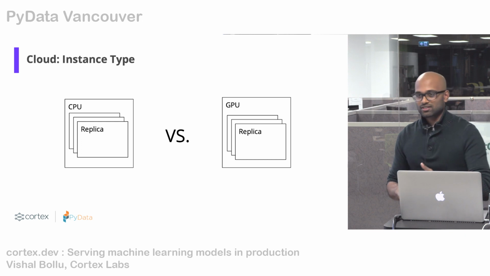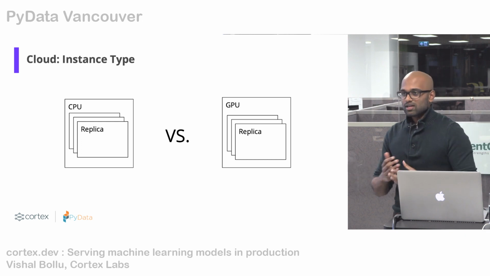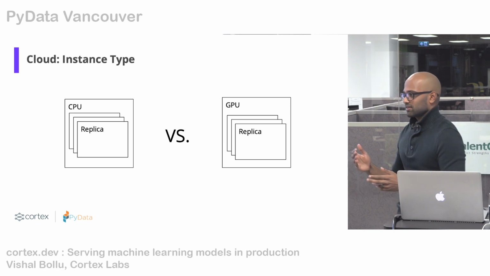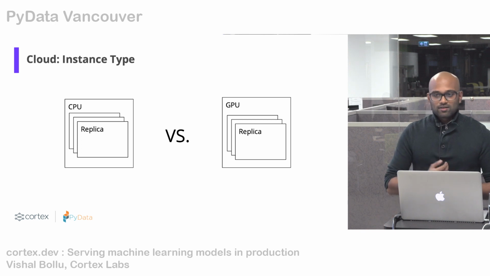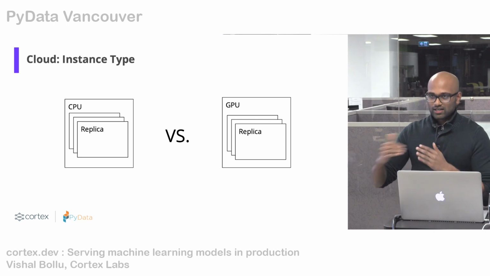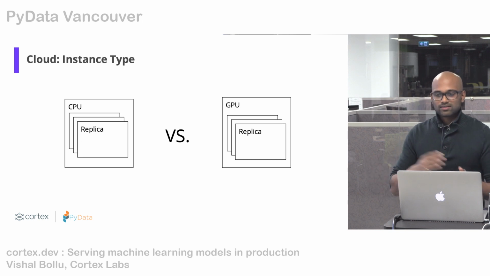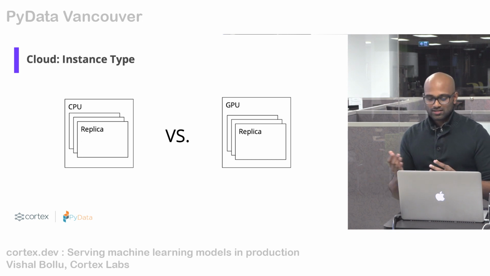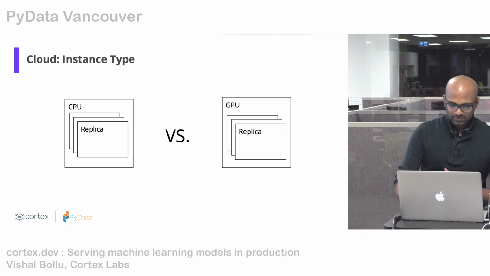And this is a function of the memory requirements, the compute requirements, and also how quickly you want to respond to a user request and how much money you're willing to spend. Right. So once you choose a correct one, and this is kind of hard, you need to do some experimentation, because only you know if you want to have one replica per instance or maybe multiple replicas per instance. So in this presentation, we're going to assume that you have multiple replicas per instance.